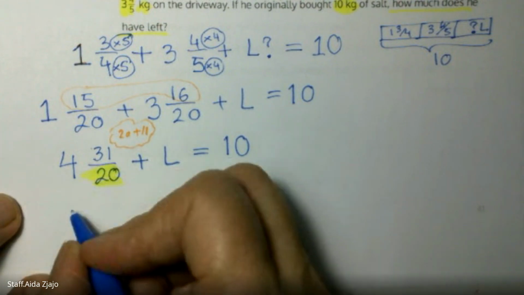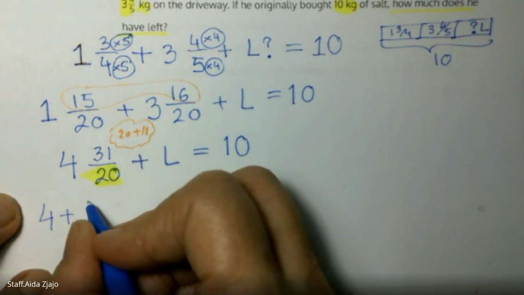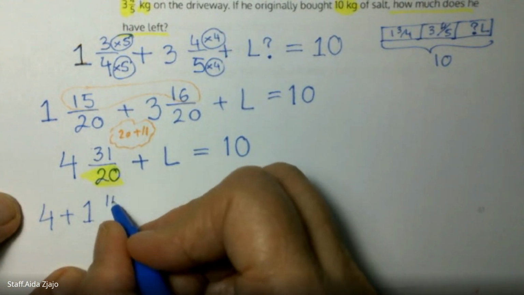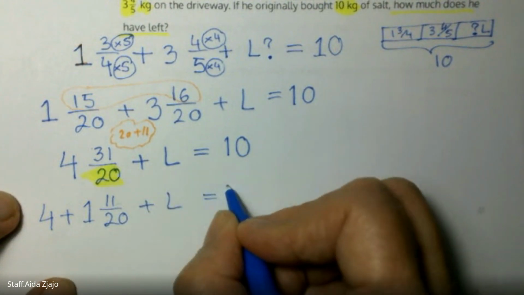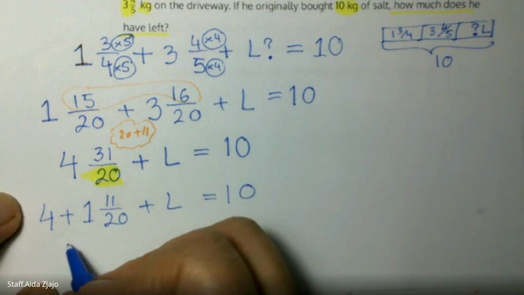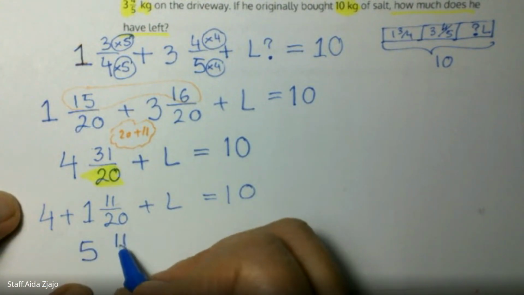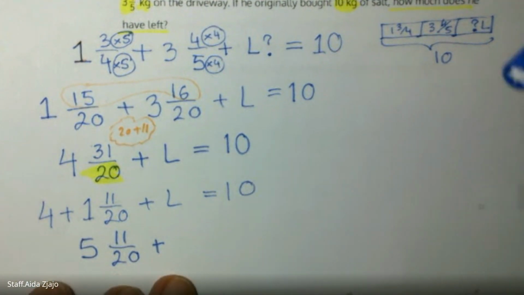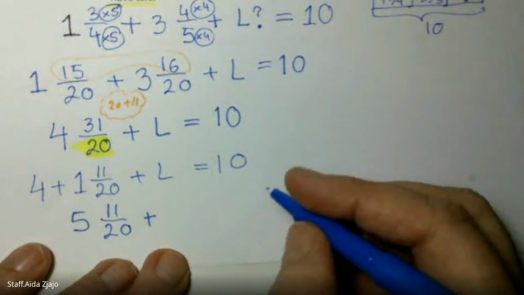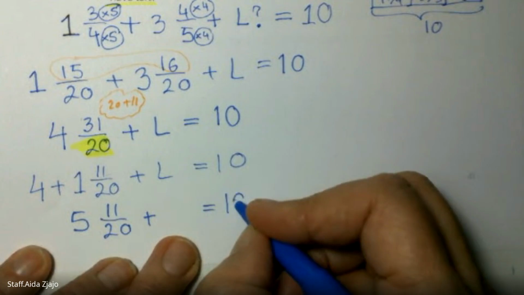So we can say here is 4 plus 1 whole and 11 20ths, plus L must equal 10. Now we have 5 wholes and 11 20ths plus L. What L has to be in order to add up to make 10?